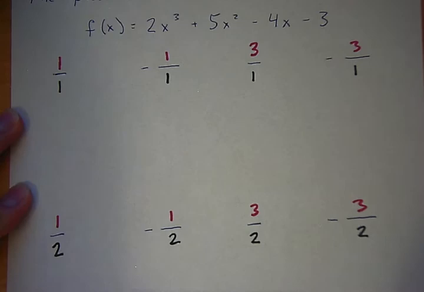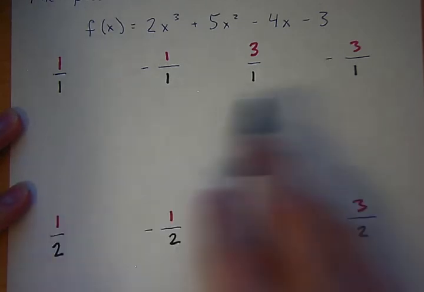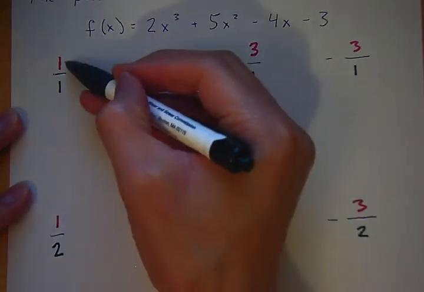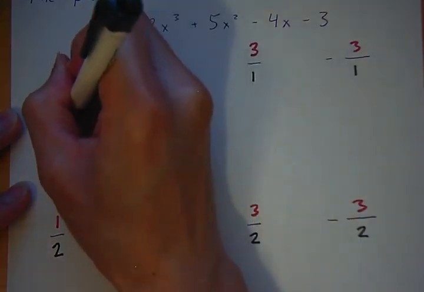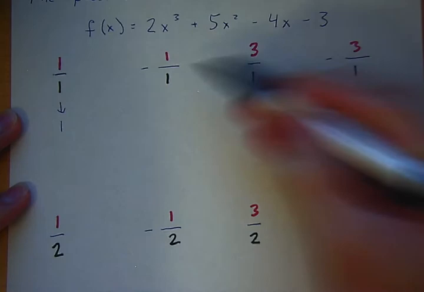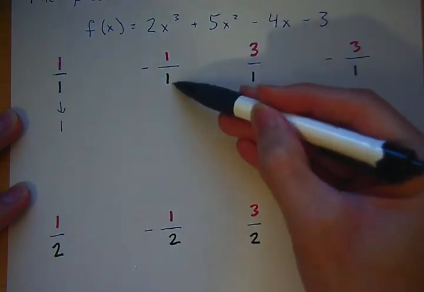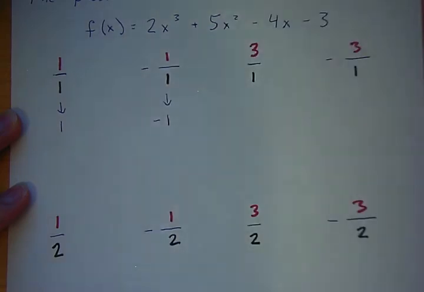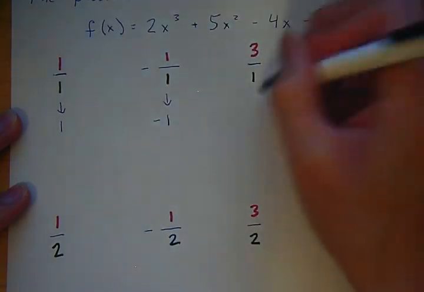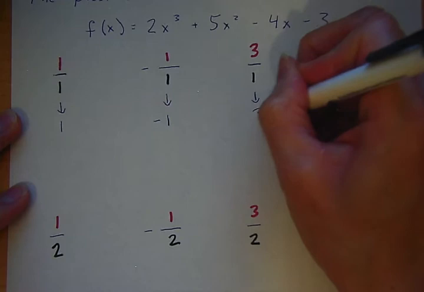I'm going to simplify our ones up here a little bit. 1 divided by 1 is just 1. Negative 1 divided by 1 is just negative 1. Positive 3 divided by 1 is just positive 3.